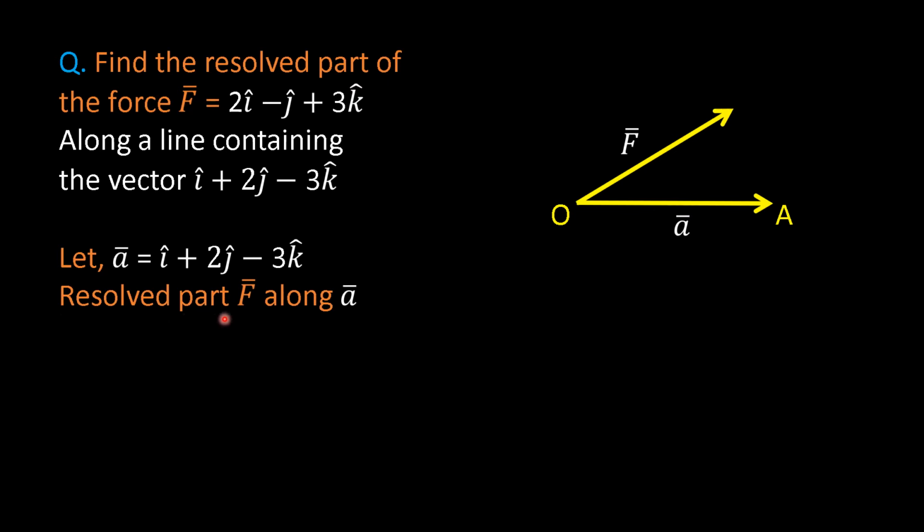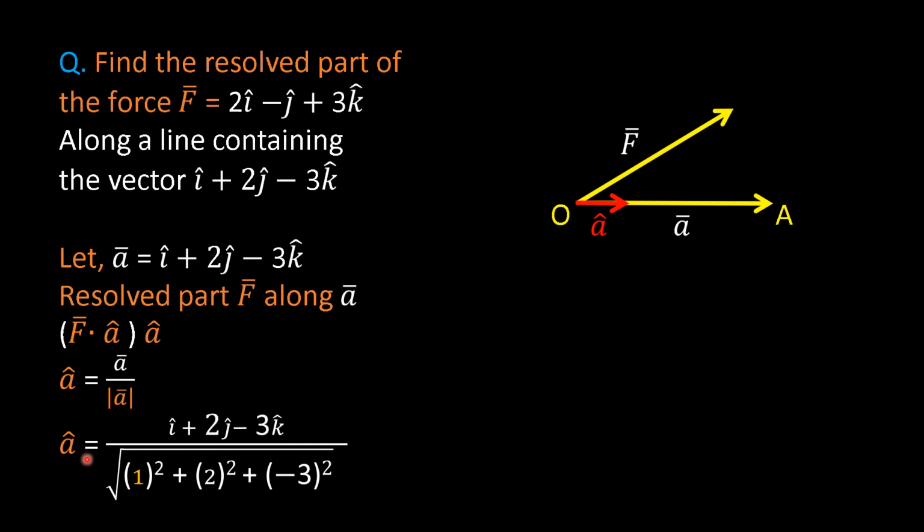The resolved part of F bar along A bar will be F bar dot A cap times A cap. So first we will find out A cap. So A cap is A bar upon magnitude of A bar, which is mod A bar.